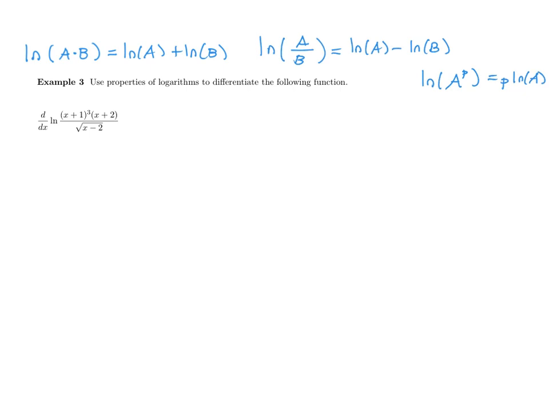So this power P can be brought down here. So here are 3 very important properties of logarithms. And in fact, they can make taking the derivative of this thing much easier.